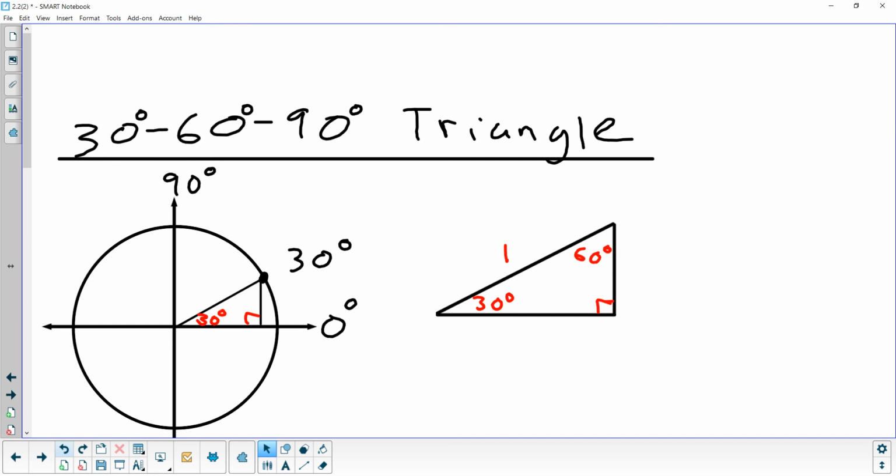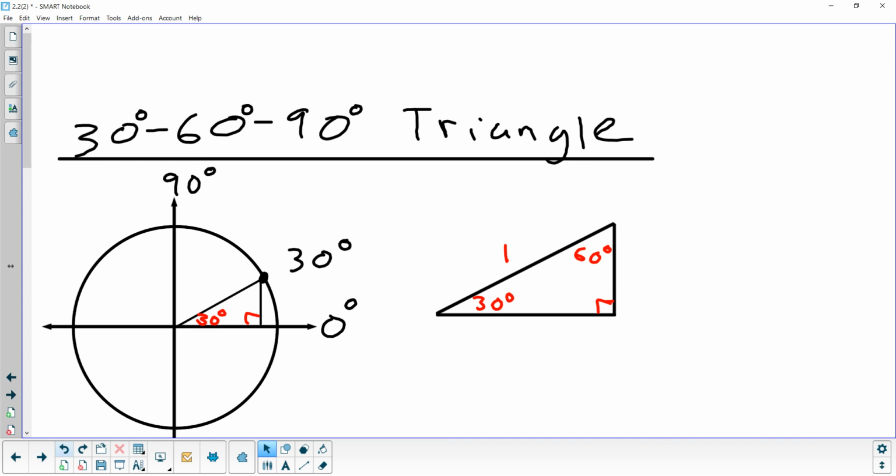So this is an example of a special right triangle. And the relationship between the sides in a 30, 60, 90 right triangle is pretty common. If you know what it is, then we could write it down right now. If you don't know what it is, then we can figure it out.